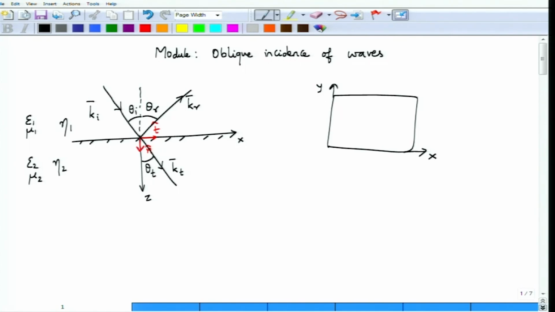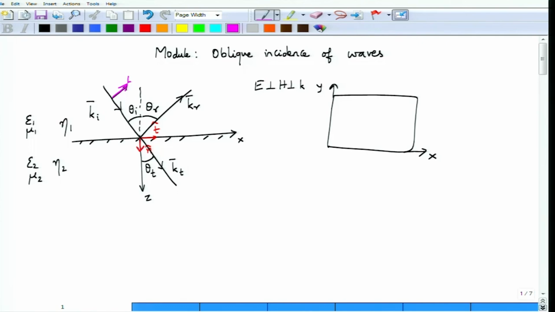We are going to assume plane waves. So I know that E must be perpendicular to H, which must be perpendicular to k for a plane wave, and this must hold for all the three waves: incident, reflected and transmitted. So what direction should I give for E? There are two directions that I can give. One case is when the electric field is in the same plane. So let me use a different line here.